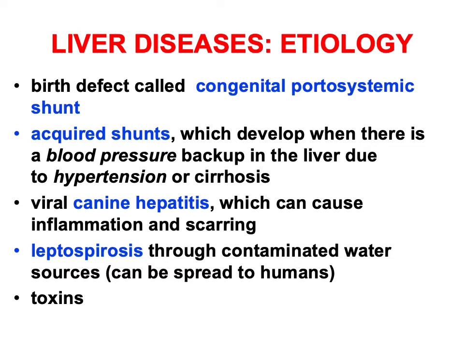Dogs can have acquired shunts, which develop when there is a blood pressure backup in the liver due to hypertension or cirrhosis or many other causes.